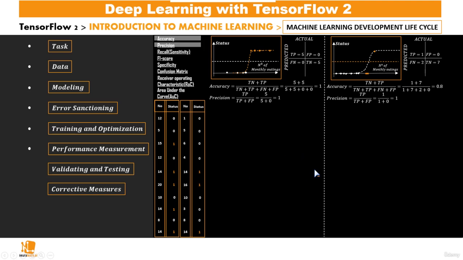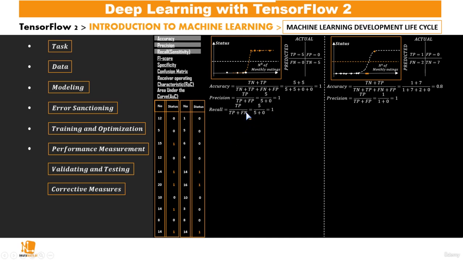The next performance measurement criteria is the recall or sensitivity. For this first model, we have a recall of 100% still. With a recall, we are measuring the model's ability to classify positive samples from the data points as actually positive.